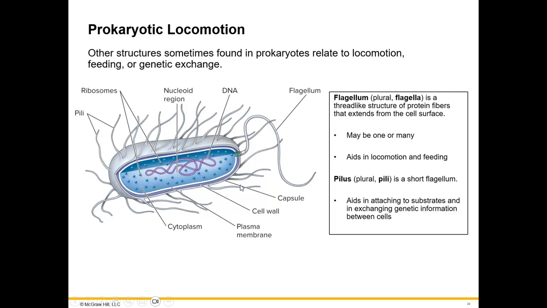These cell types also often have flagella, which is like this whip-like structure here at the end. It kind of looks like a tail. There could be one of these flagella or many, and this aids in locomotion and also feeding.